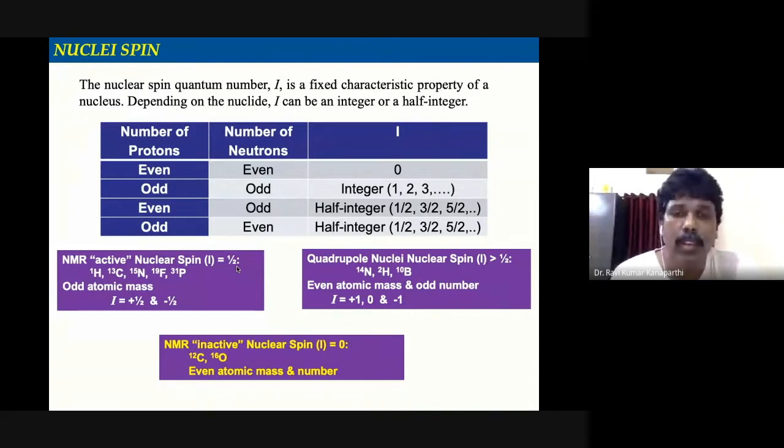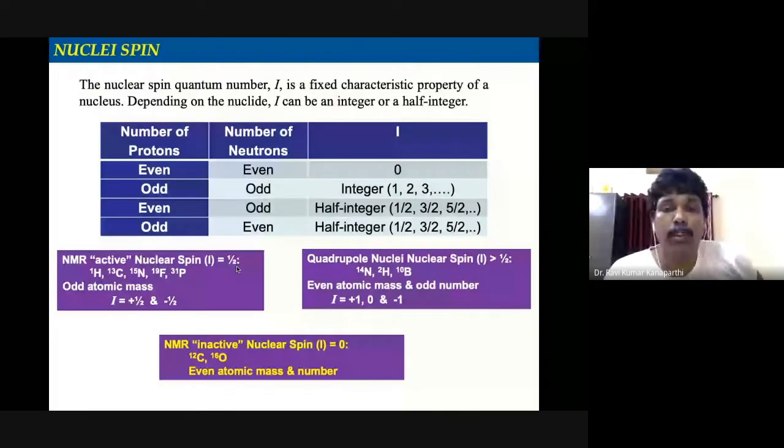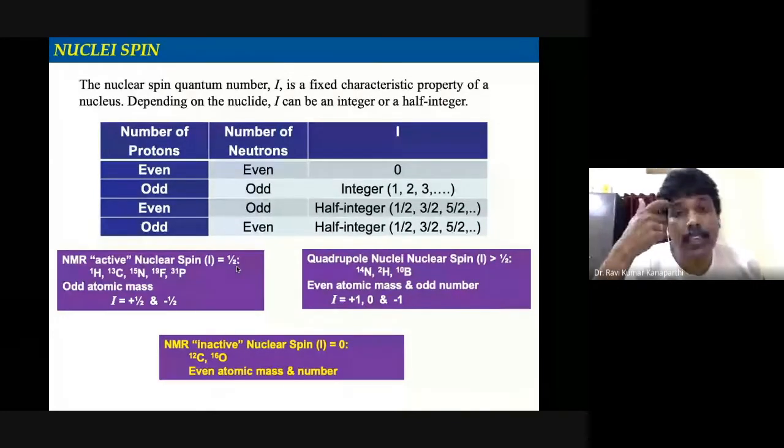Now the question arises: we have 110 or 115 elements, out of which which ones are NMR active and which are NMR inactive? What do I mean by NMR active and inactive? A nucleus is said to be NMR active only if it possesses a nuclear spin quantum number which is non-zero. Otherwise, it is said to be inactive.